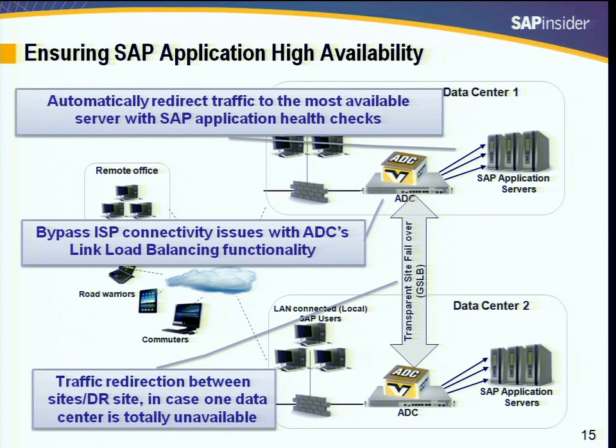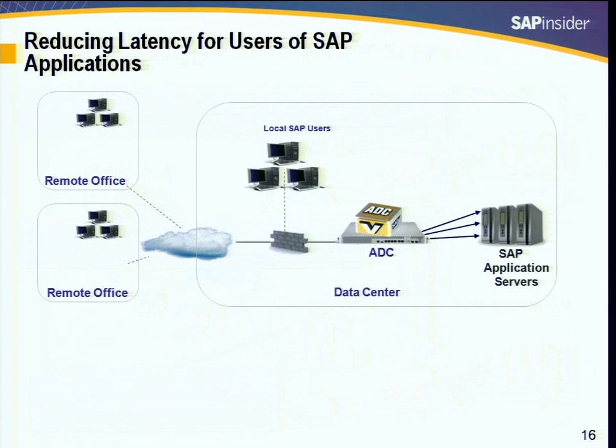So you can use that for just redirection, or as a global server load balancing mechanism as well. So that's the first: how do you make those instances available?